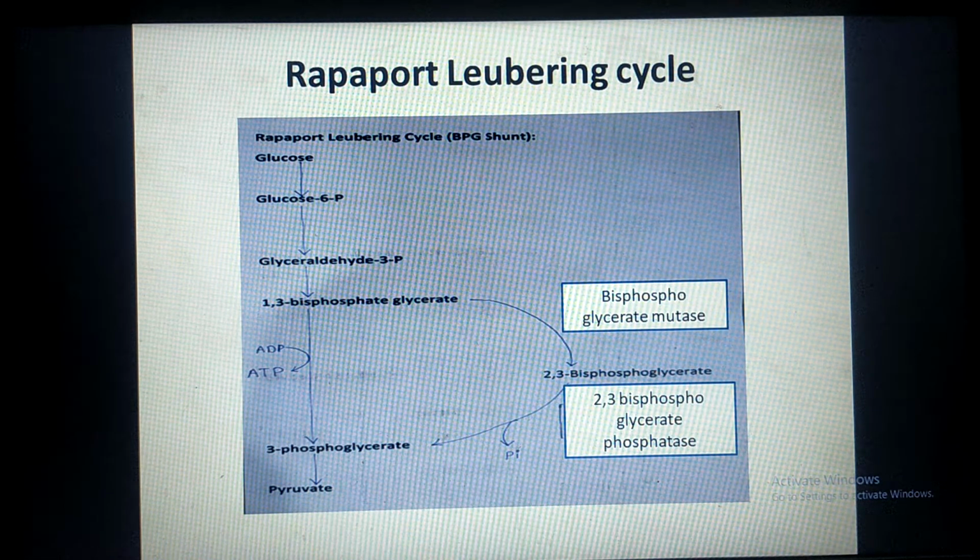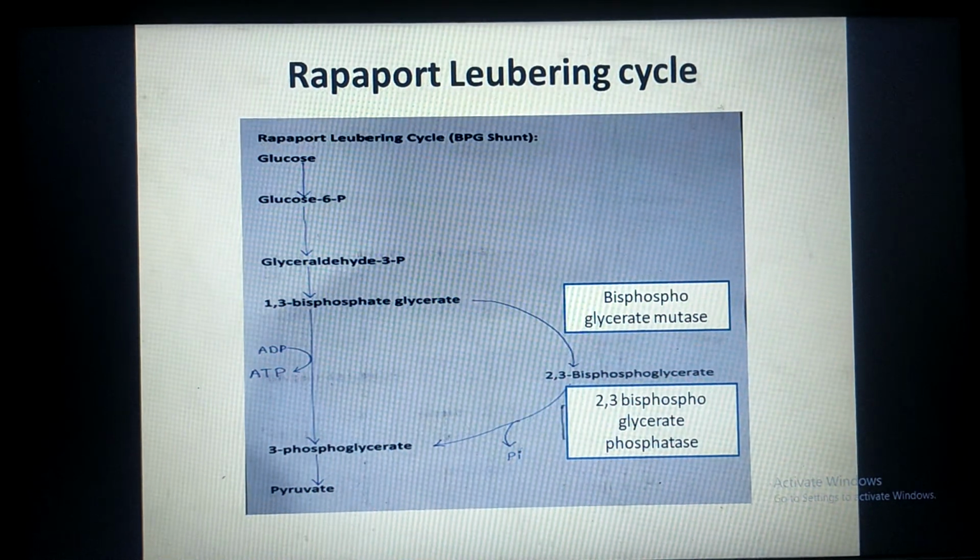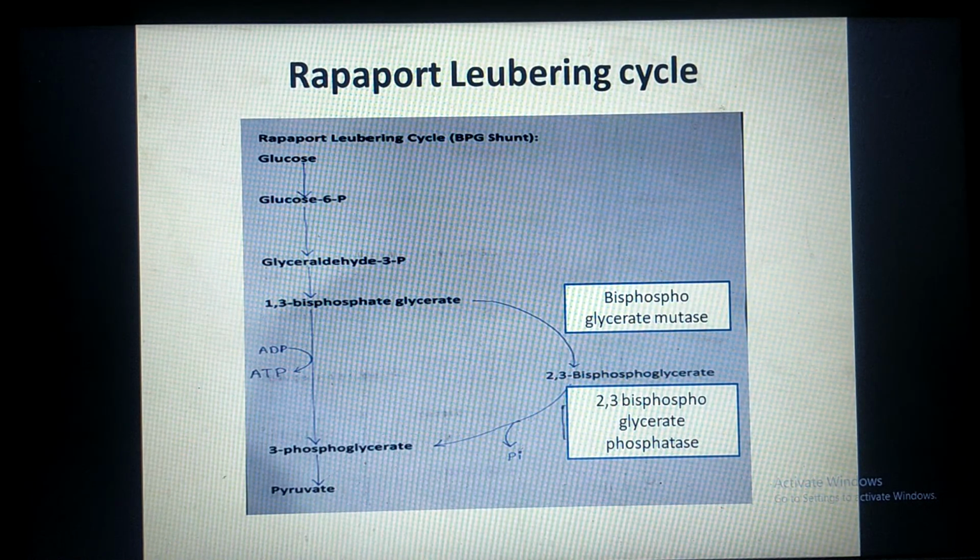That substrate level phosphorylation does not occur due to this diversion or Rapoport-Luebering cycle. Here ATP synthesis does not take place. So these are the two differences in glycolysis of RBCs and glycolysis of other tissues.